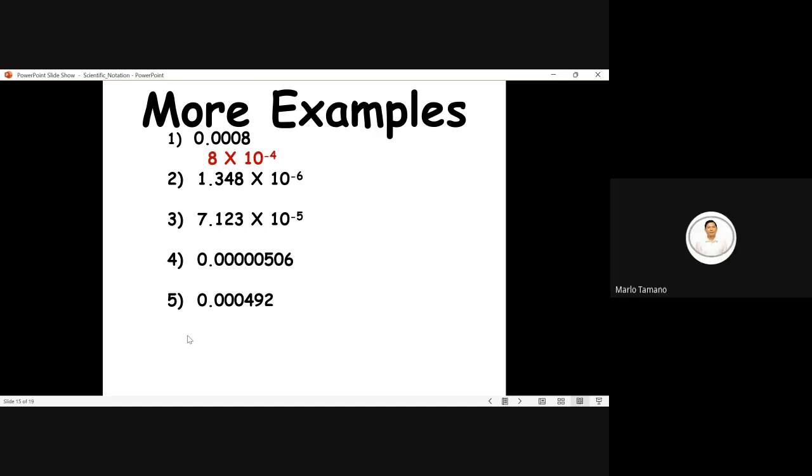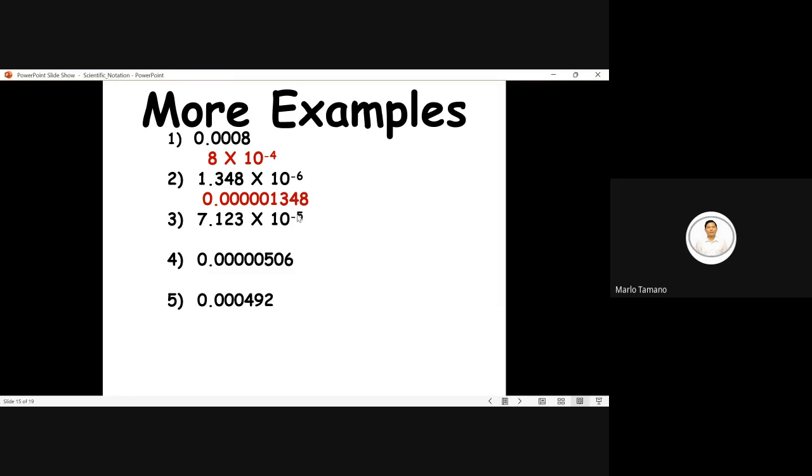Alright, next, how about this one? Number 2, it is in scientific notation. What shall we do with this? We will write it in standard form: 0.00000, not yet. 5 zeros, then 8431, and the 1 is the 5th, the 6th. That is 0.0001348.